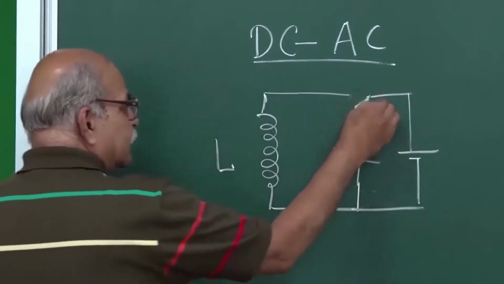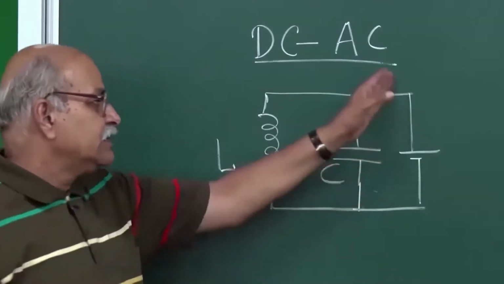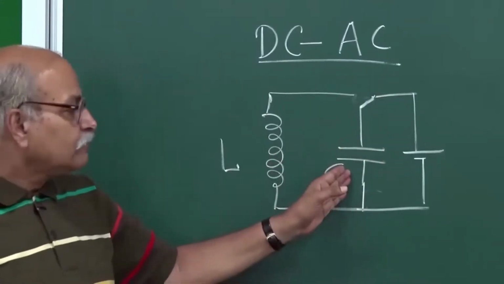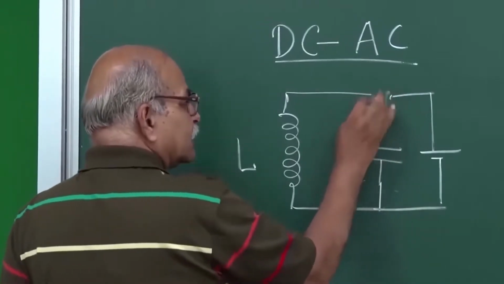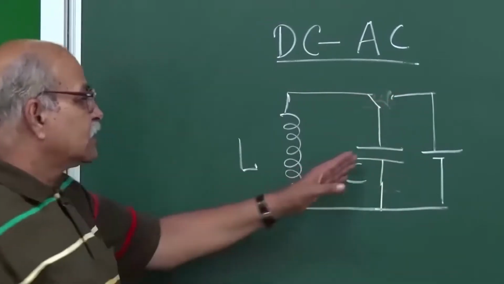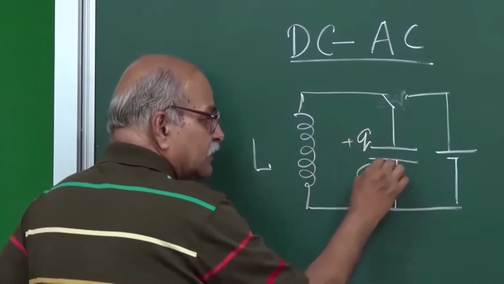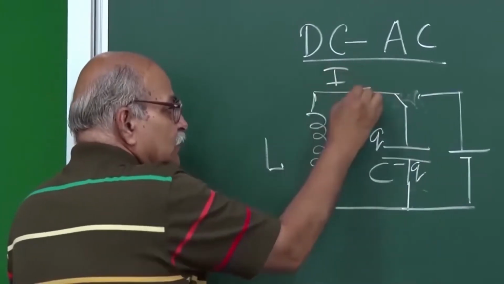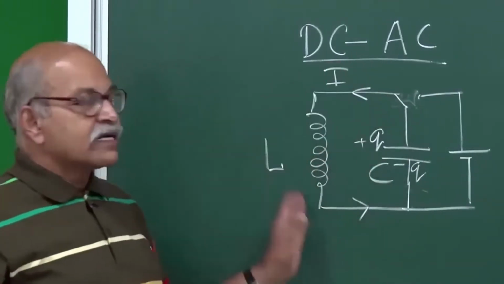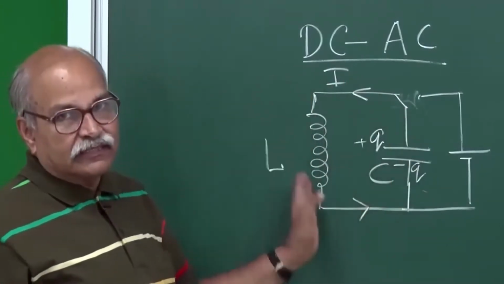So if I join it here, the capacitor C is charged. And then if I remove it from here and connect it here, this charged capacitor, which already has a charge plus Q here, minus Q here, will send a current. So that is your LC circuit.